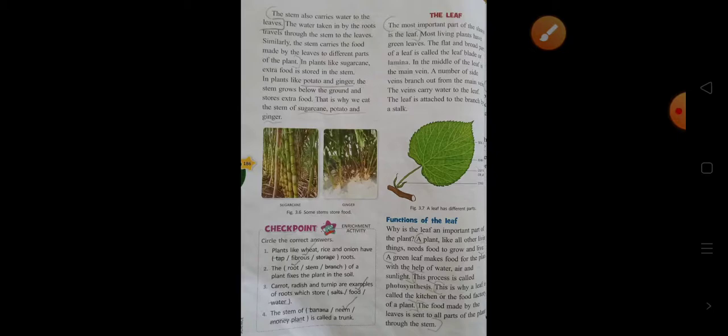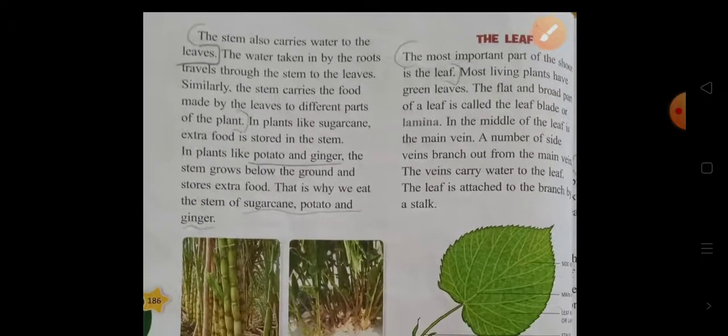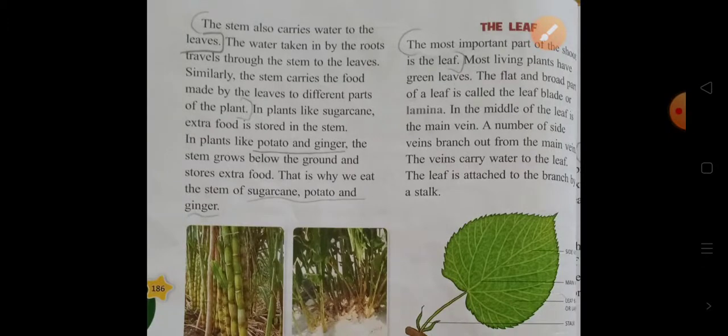Students, the main function of the stem is to hold the plant upright and support its branches. Okay, students. The main function of the stem is to hold the plant upright and support its branches.